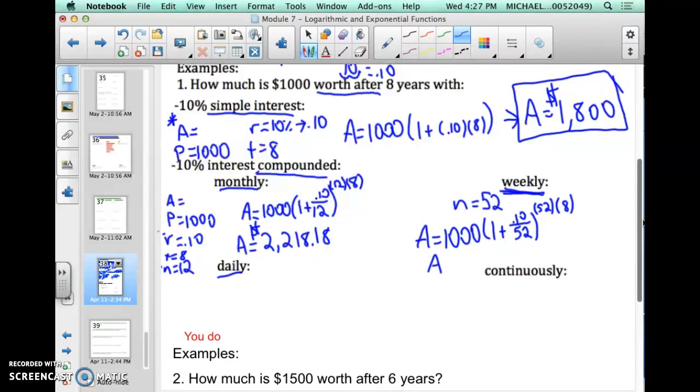If I calculate that, let's see if that changes my new future amount. It does a little bit actually, $2,223.83. So if it compounds weekly, the amount goes up by about $5, but it does increase. And if you consider why, I would say the short answer is there's more weeks in a year than months, and so it's compounding more times in a year.